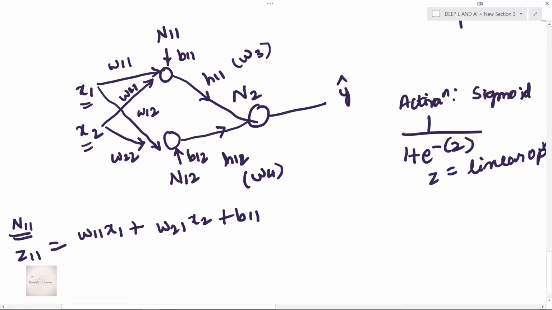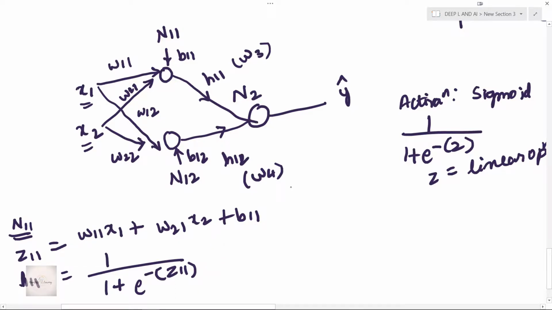And the value of the output from the n11 neuron is h11, so I can write h11 is equal to 1 over 1 plus e power minus z11, where z11 is equal to this value.